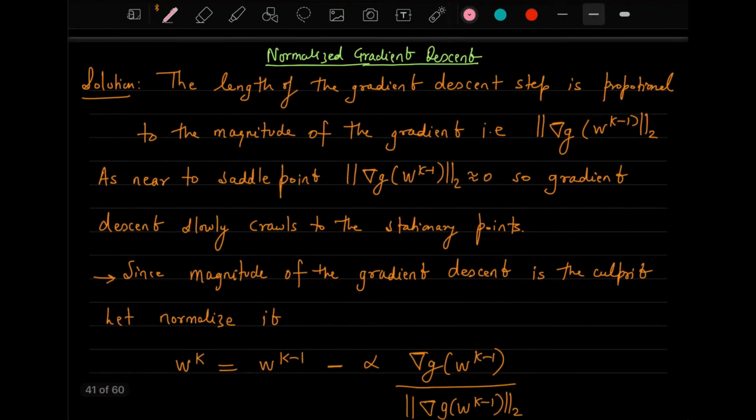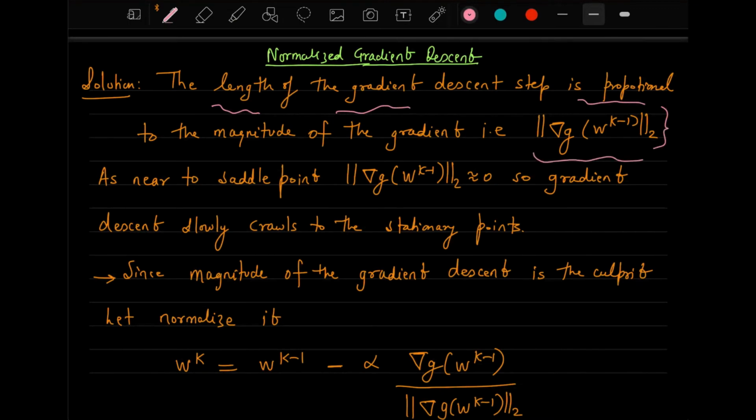So as we saw, the gradient descent halts just near to the stationary point, near the flat valley, and it's not going beyond that. What the researchers have seen is that the length of the gradient descent step is actually proportional to the magnitude.